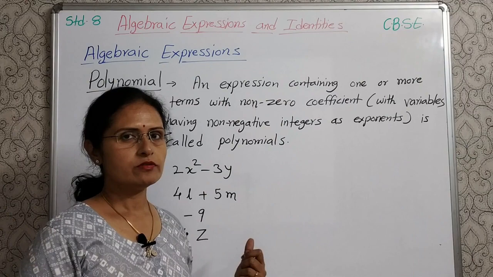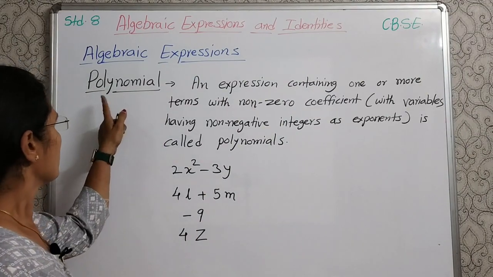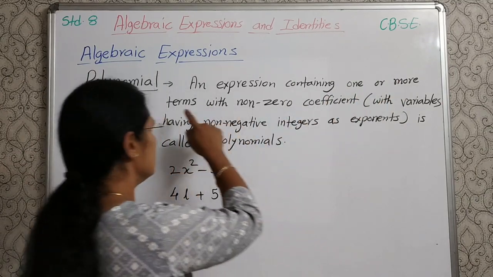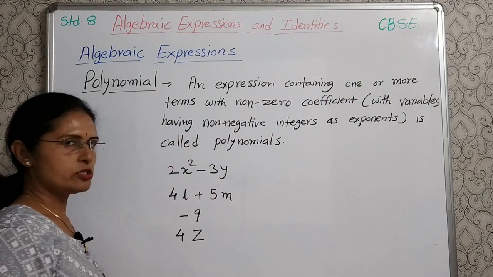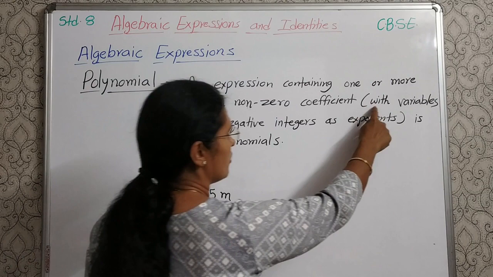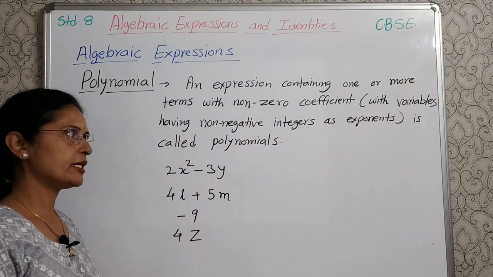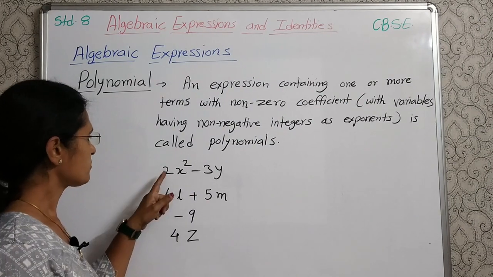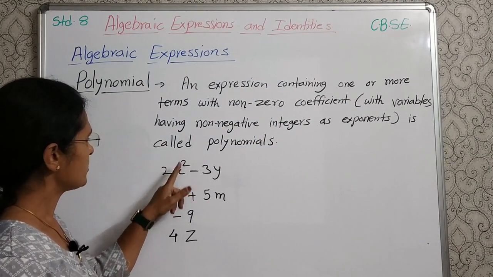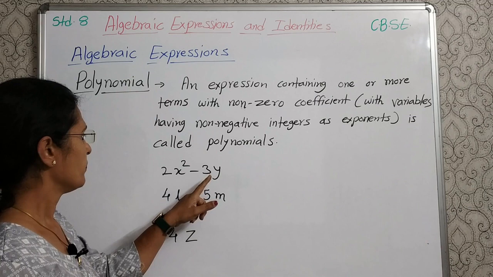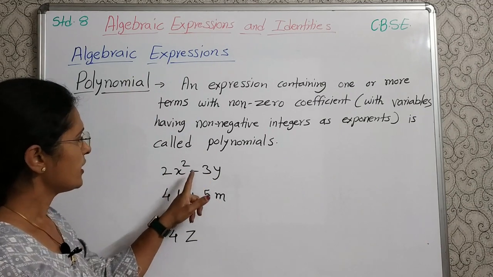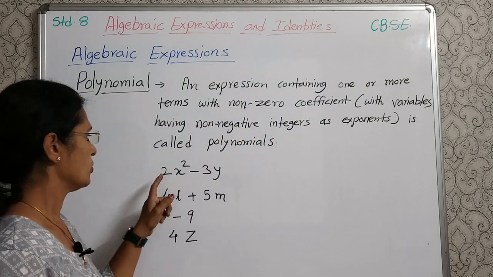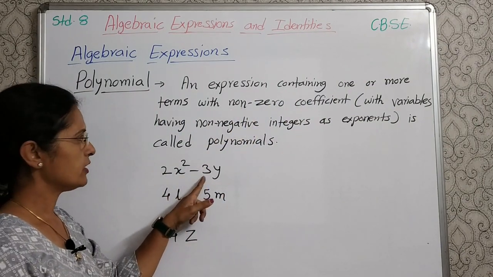See the definition for polynomial. An expression containing one or more terms with non-zero coefficient with variable having non-negative integer as exponents is called polynomial. See here, 2x square minus 3y. So the terms 2x square and minus 3y have their coefficient non-zero. This is 2 and here it is minus 3.